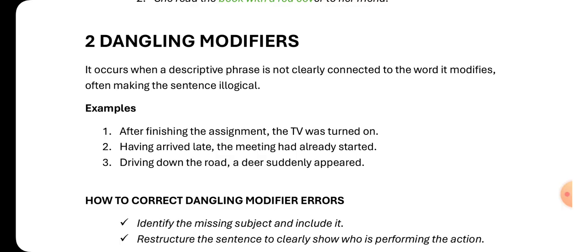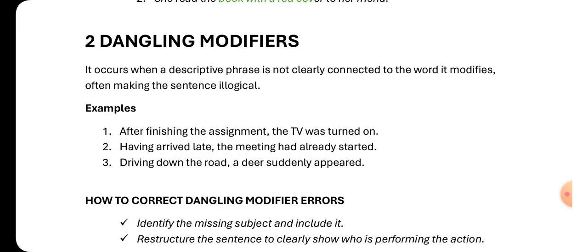Or probably it is trying to modify a word that does not have a subject. So in a dangling modifier, there's always a missing subject. You could clearly see that there's no clear subject that it intends to modify.